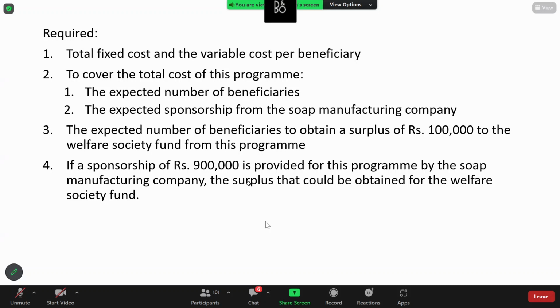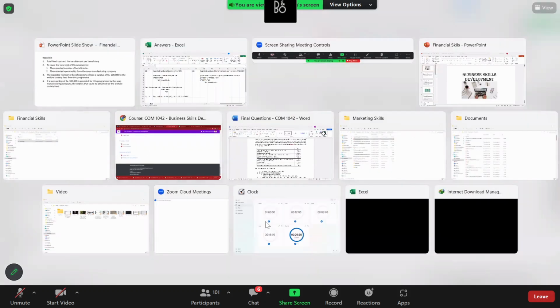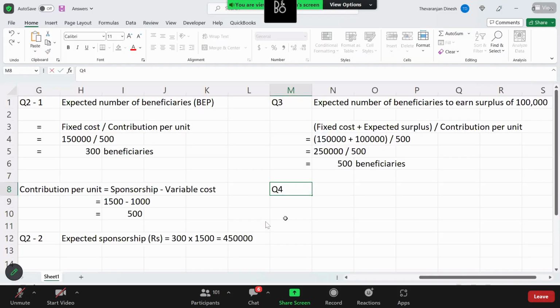So question number 4: if they give you 900,000 sponsorship, what is your surplus?